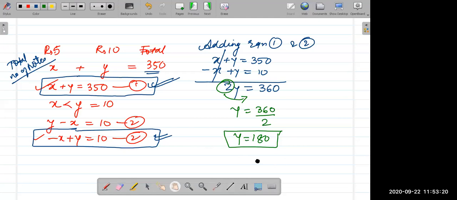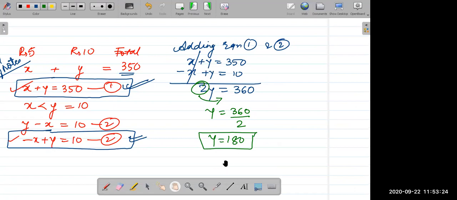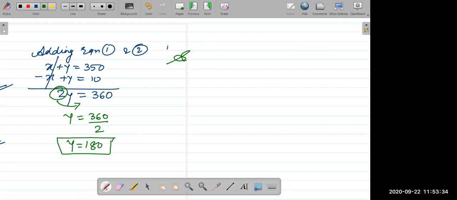So with that, we move to the next step, that is, we find the X. Substituting Y equals 180 in any one of the equations will give us X. Let's say equation 1. So that is X plus Y equals 350.